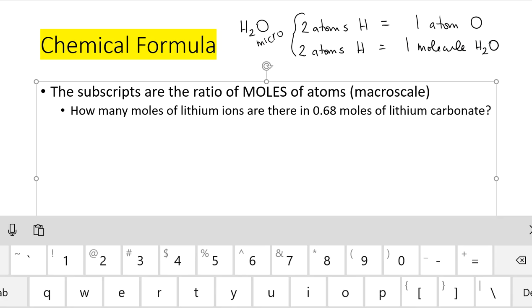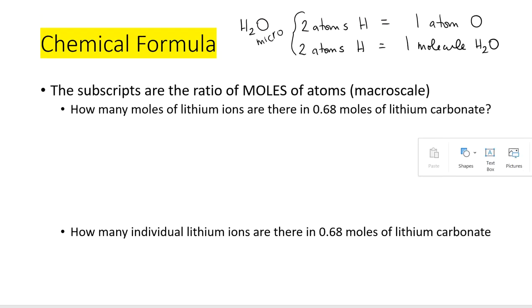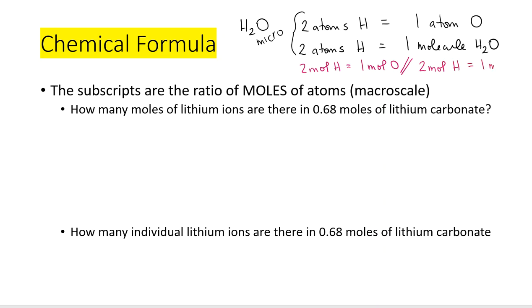On the macro scale, it means that there are 2 moles of hydrogen for every 1 mole of oxygen. And that's what the subscripts are. And there's 2 moles of hydrogen for every 1 mole of water. So really straightforward. We're just taking everything at the microscopic, scaling it by Avogadro, and saying that that is what the ratio is in terms of moles as well. So this is on the macroscopic level, something that we can see.